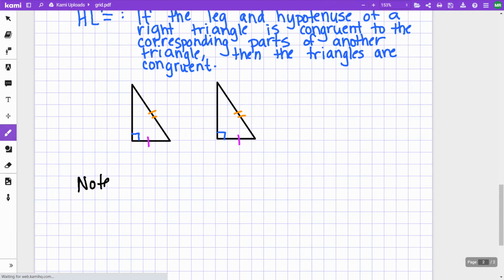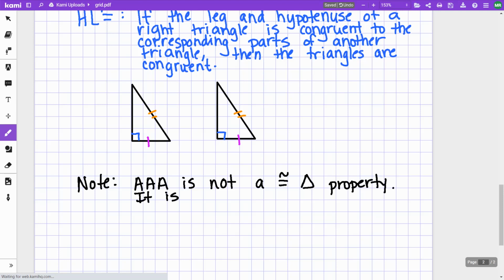Note. Angle, angle, angle is not a congruent triangle property. It is similar but not congruent.